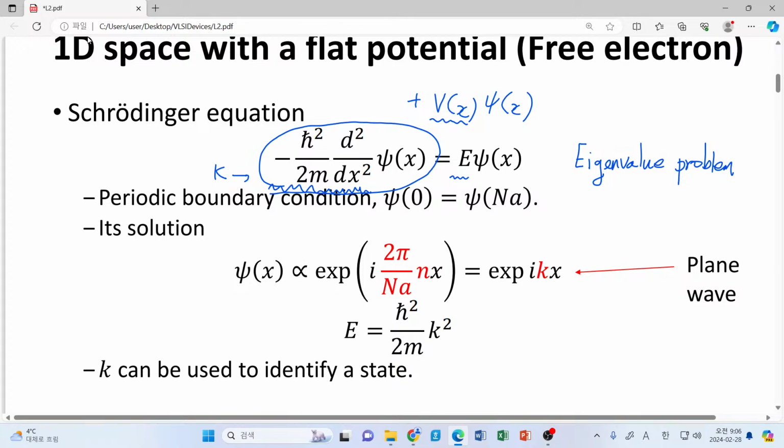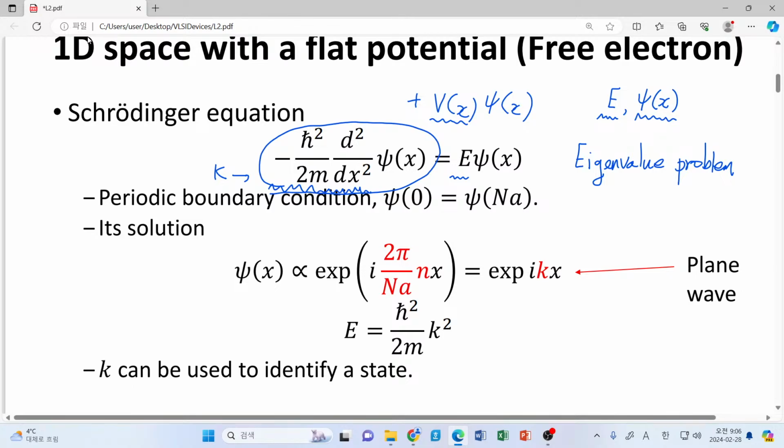By solving this eigenvalue problem, we will find pairs of a certain energy and the corresponding wave function. It means that this wave function has the energy corresponding to a certain value E. That is the typical way to consider this Schrödinger equation.